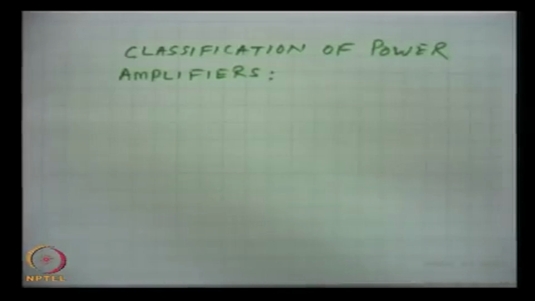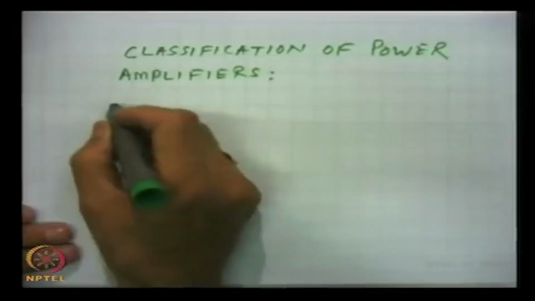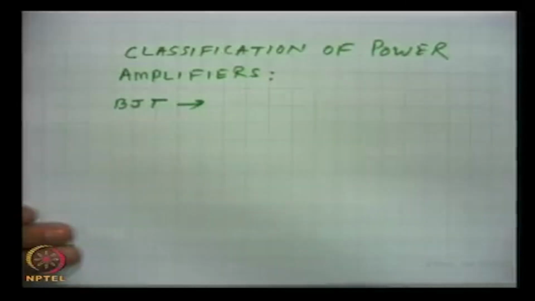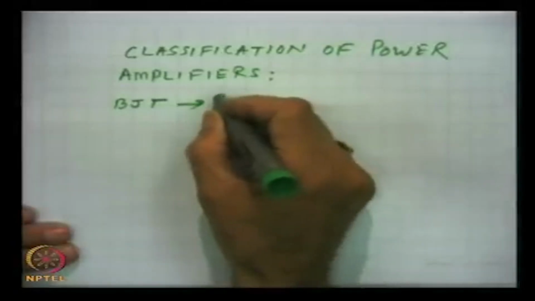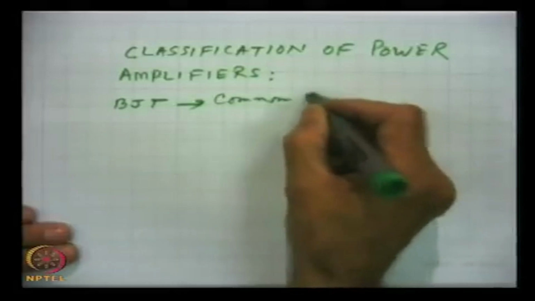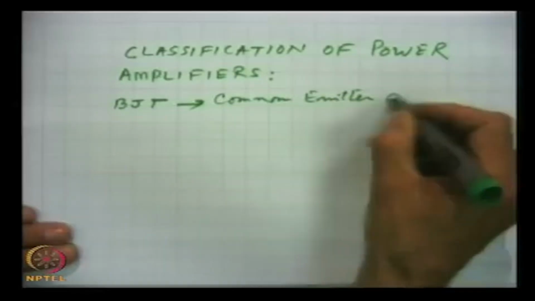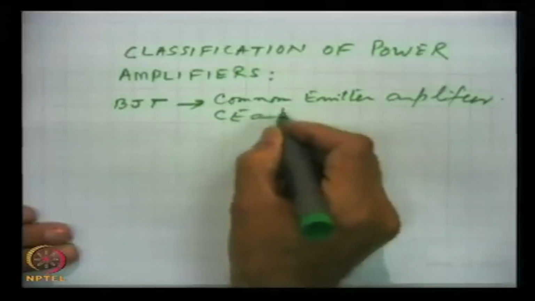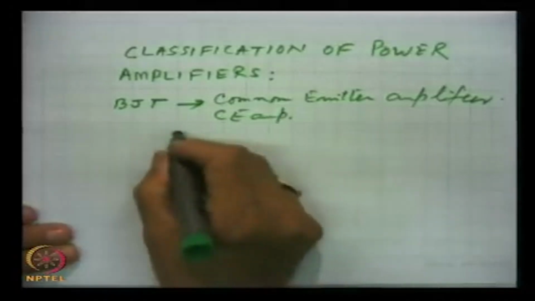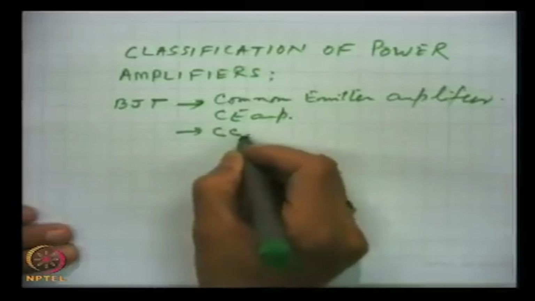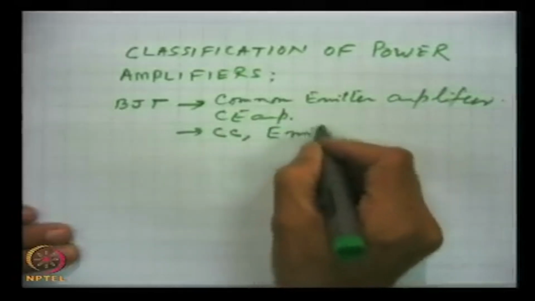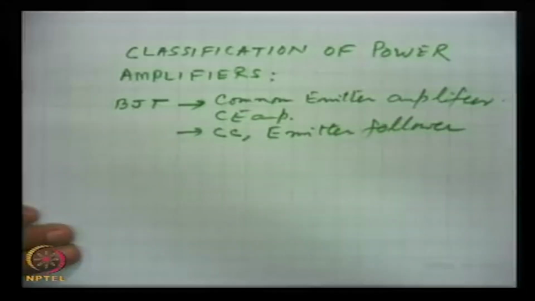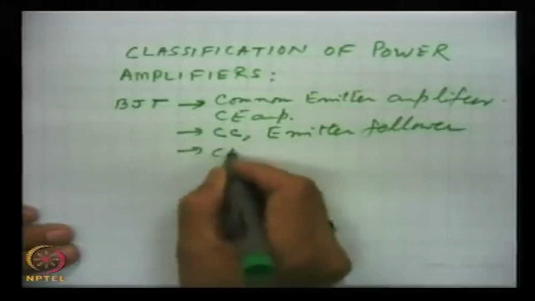Small signal amplifiers, they are classified, for example, BJT small signal amplifiers, they were classified as common emitter amplifier, or in brief CE amplifier, and CC, common collector or emitter follower, this was another amplifier, and similarly common base.